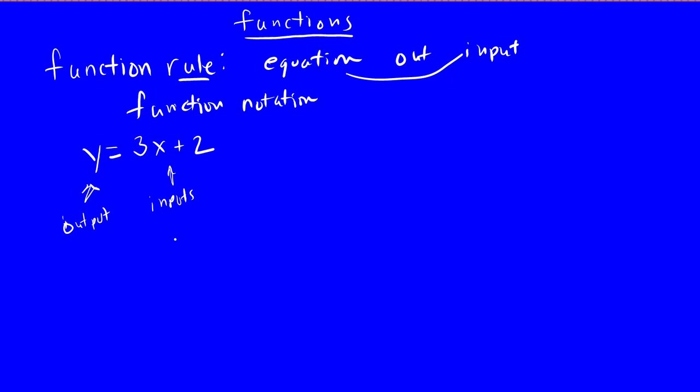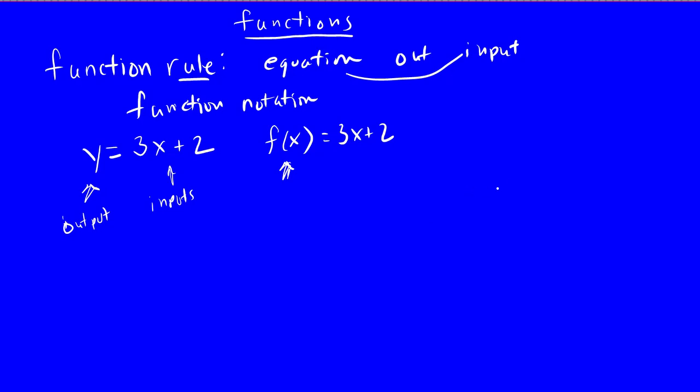So in function notation, that same one looks like this: f of x equals 3x plus 2. It's not any different other than it is now in function notation. We read this as f of x, or function of x, equals 3x plus 2.